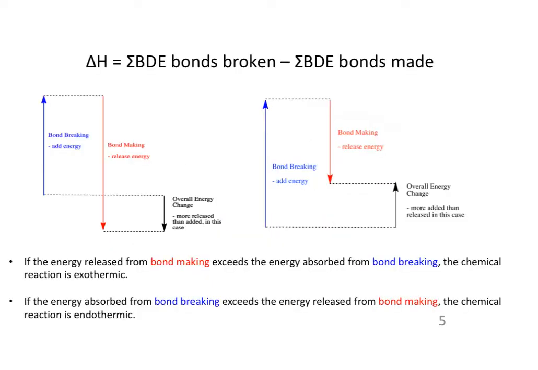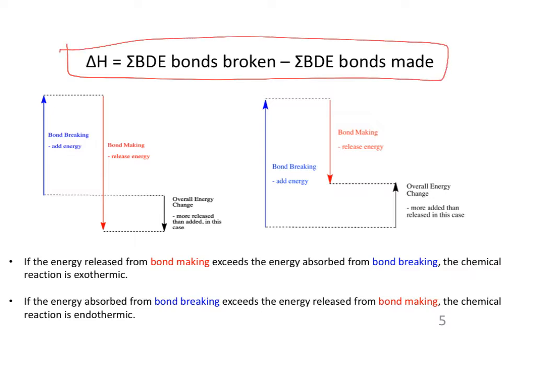All right, so there is a formula using the bond energies broken and the bond energies made to find enthalpy of reaction. And you're welcome to use that formula, but I don't really think you need that formula, as you'll see in the next couple of slides, if you keep your plus and minus signs straight.